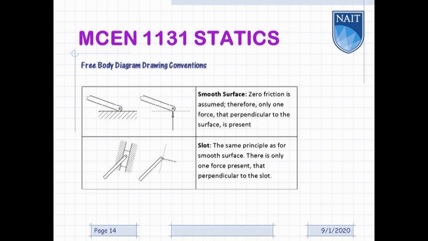Smooth surface. Zero friction is assumed, therefore only one force, that perpendicular to the surface, is present. Slot. The same principle applies as to that of the smooth surface. There is only one force present, that which is perpendicular to the slot.